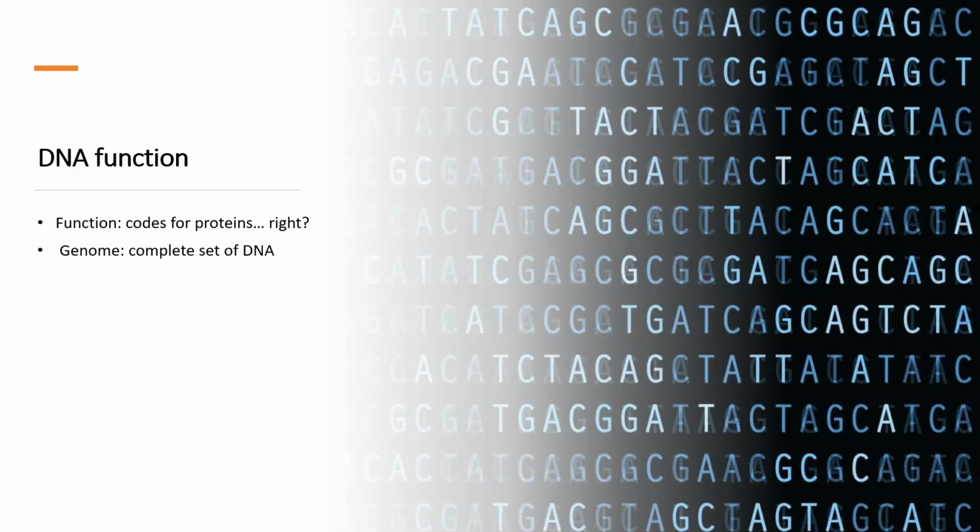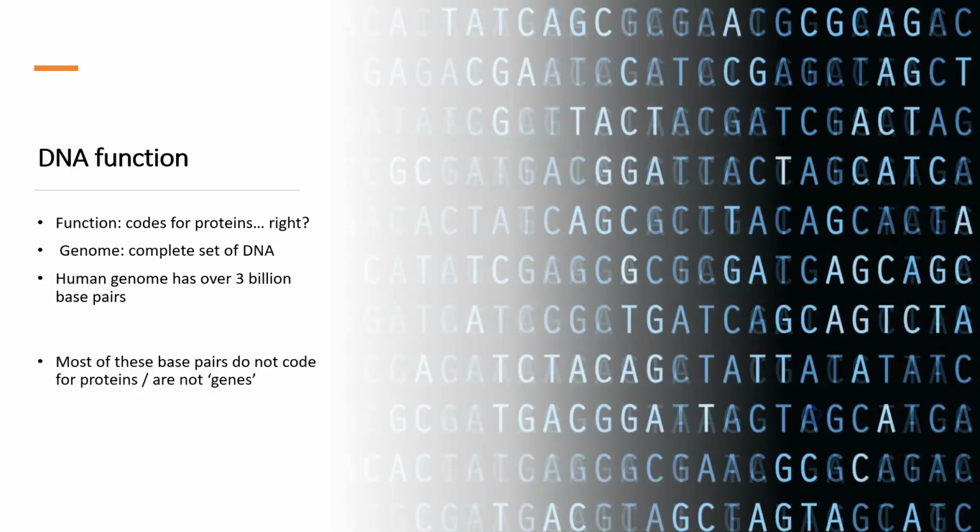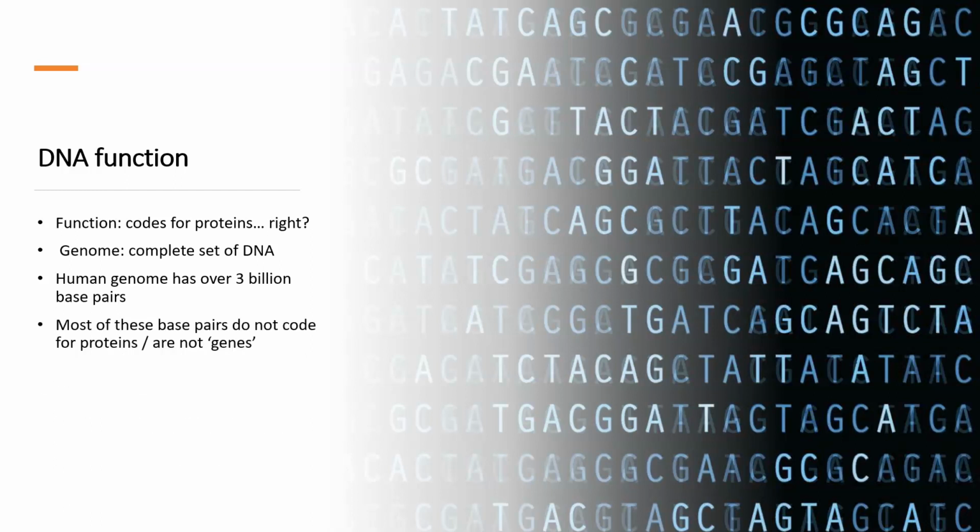Okay, we know that a genome is a complete set of DNA. The human genome has over 3 billion base pairs. Most of these base pairs, though, do not code for proteins. They're not genes.